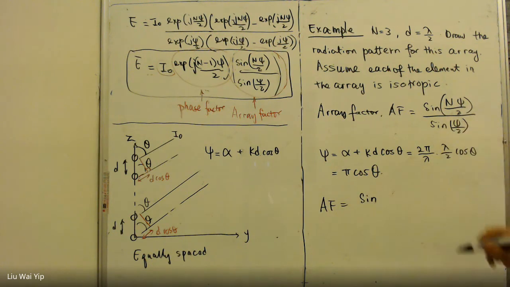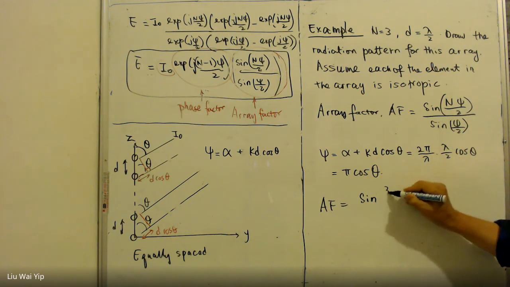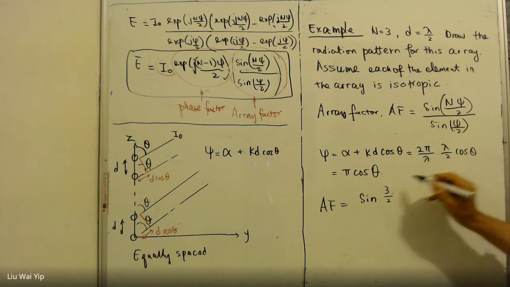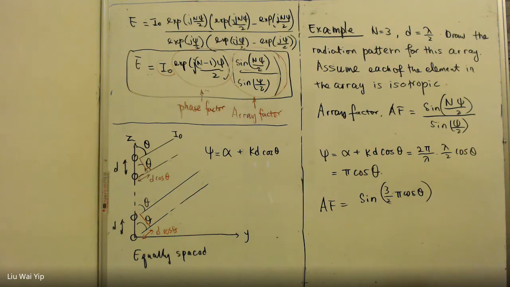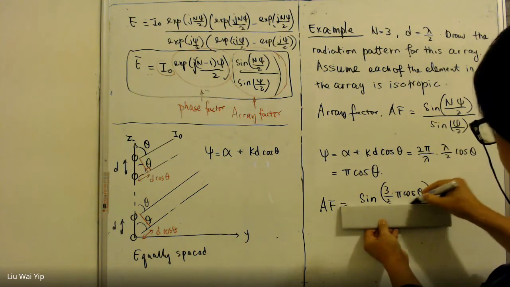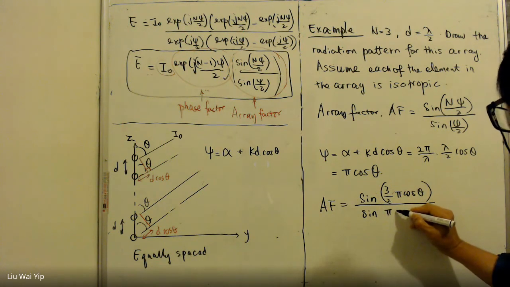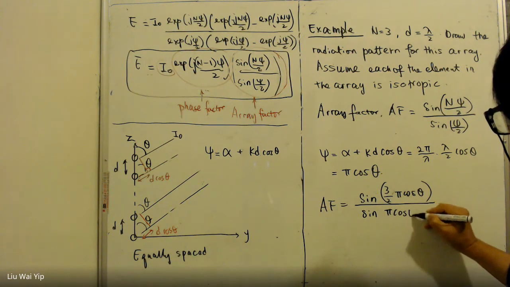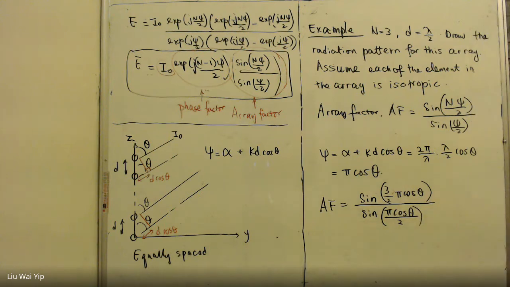Sine, and the top expression is going to be 3 over 2, and then this value, pi, and then the bottom expression is going to be this.